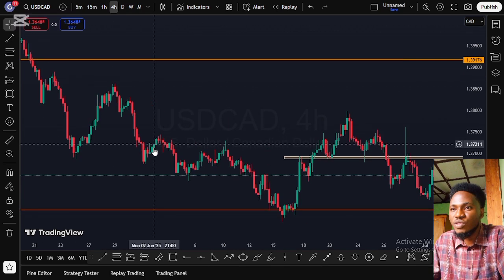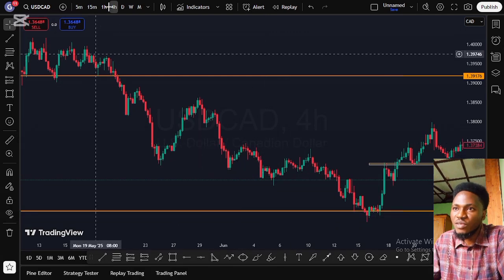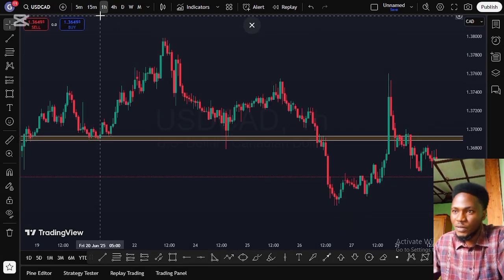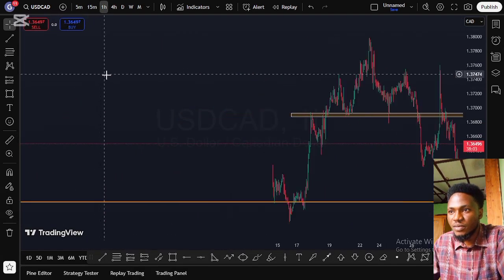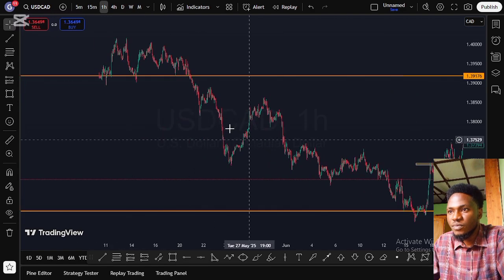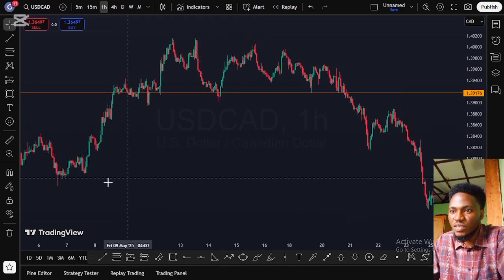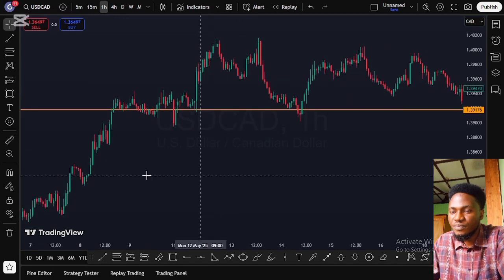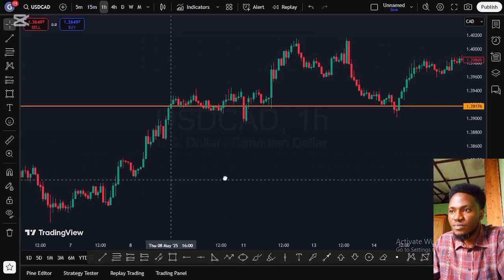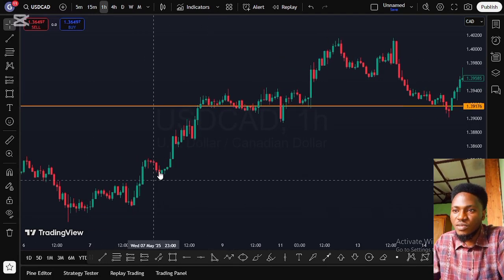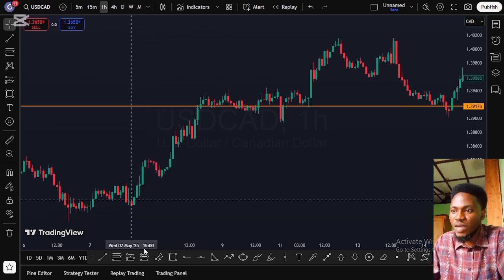Okay, so for example, what do you see here now? Let me take you to the 1 hour chart. What do you see here now? Let me do a bullish side. This is a very good example. We had this move to the upside.